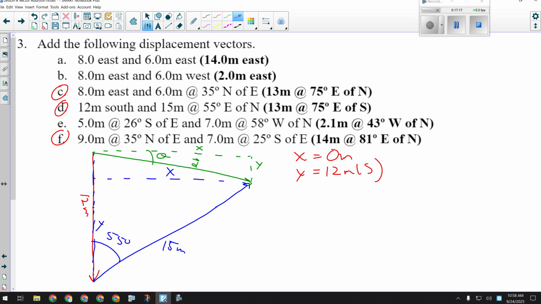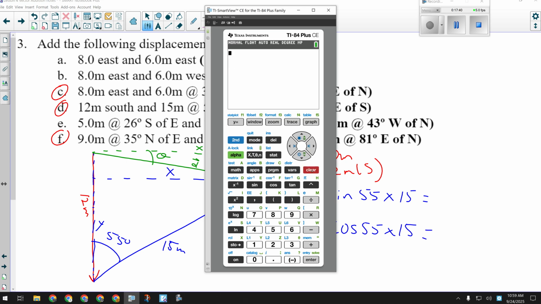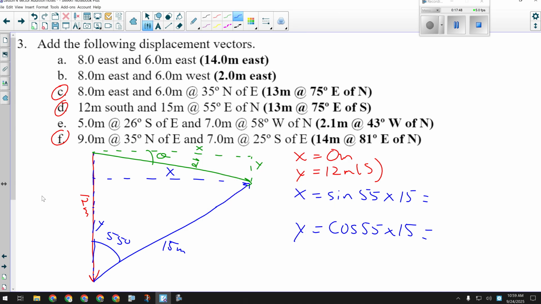All right, then for our blue triangle, blue X is opposite the 55-degree angle. So that'll be the sine of 55 times 15 meters, and Y is adjacent, so it'll be the cos of 55 times 15 meters. All right, so sine of 55 times 15 meters gives me 12.287 meters, and that is east.